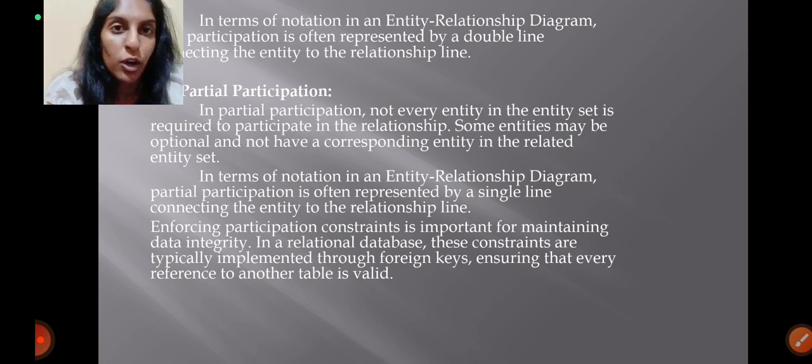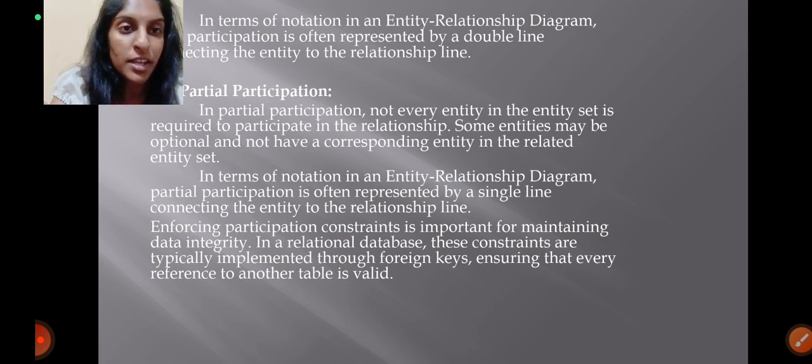Some entities may be optional and not have a corresponding entity in a related entity set. In terms of notation, in an entity relationship diagram, partial participation is often represented by a single line connecting the entity to a relationship line.